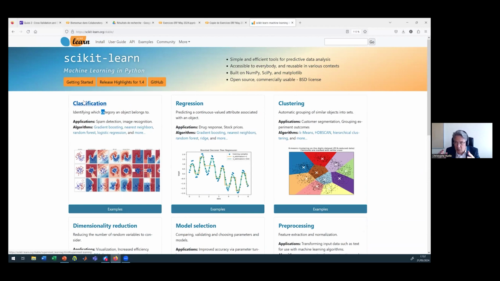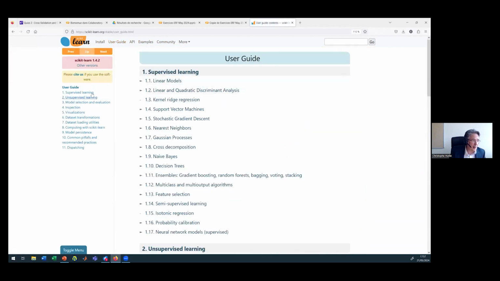Because there is very good documentation in scikit-learn, contrary to other toolboxes. So for instance, you have a user guide. What do I find in the user guide of scikit-learn? Supervised learning, you know what it is. Unsupervised learning, you know what it is. Model evaluation and selection, visualization of the model, data transformation, etc., computing with scikit-learn.